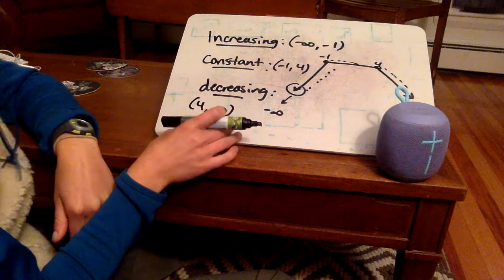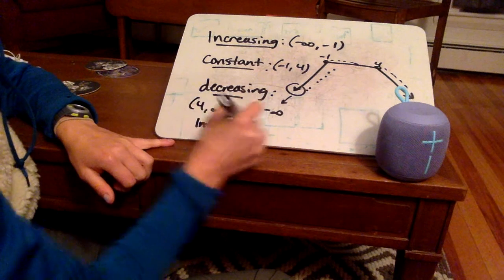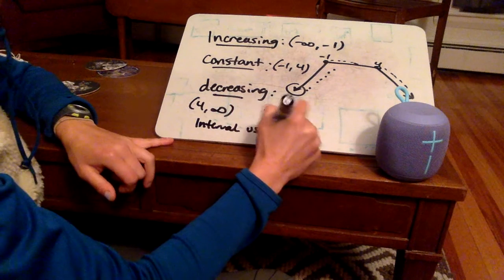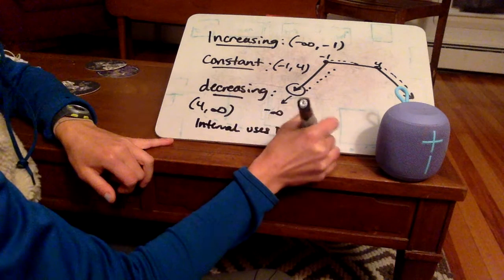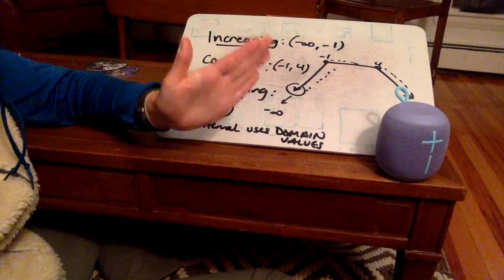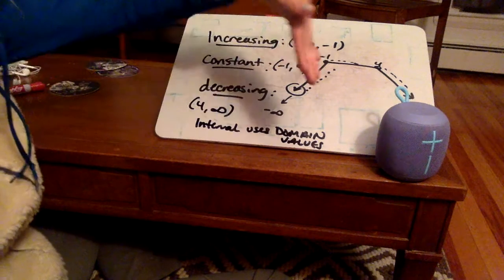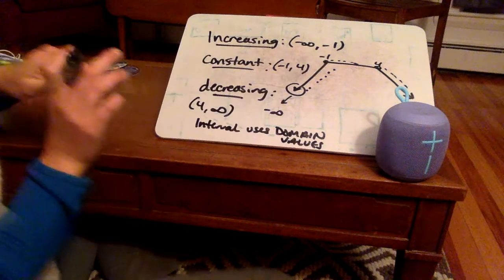So when I write the interval, again, the interval uses domain values to describe where it's changing from increasing to constant to decreasing, and I read it from left to right.